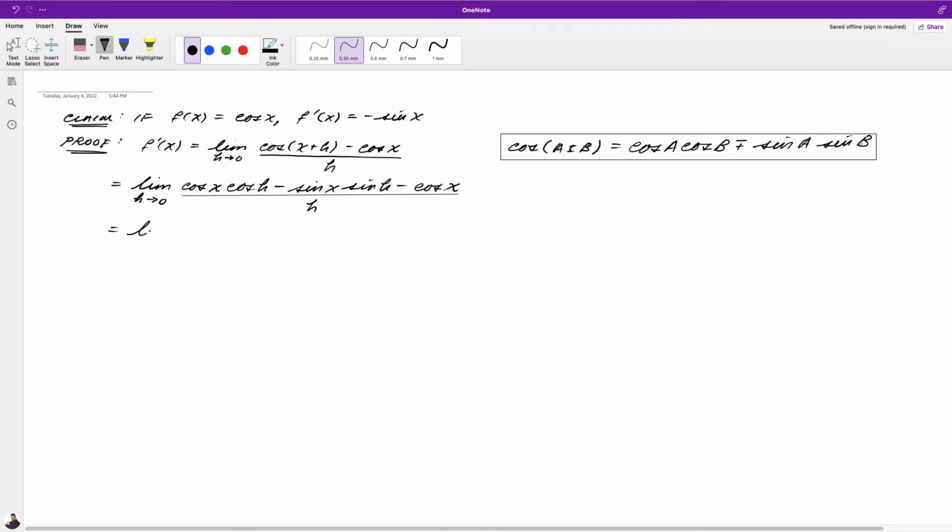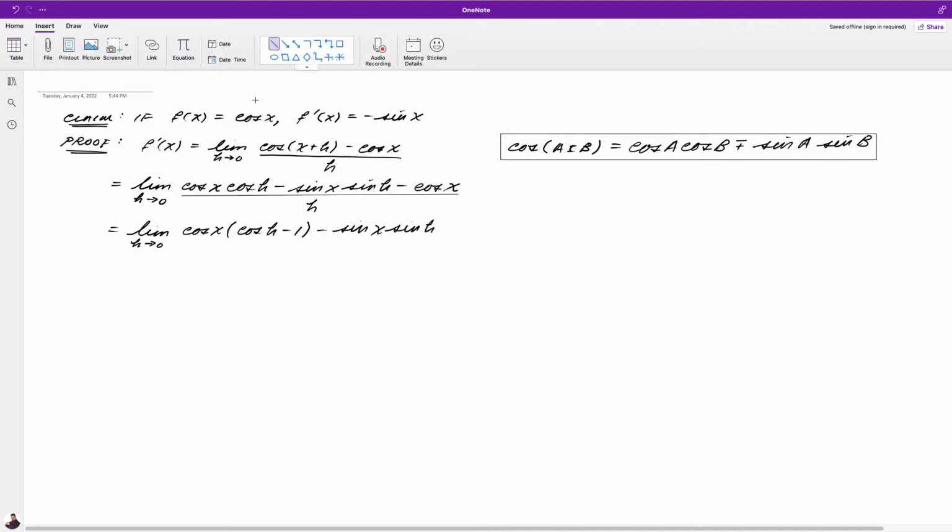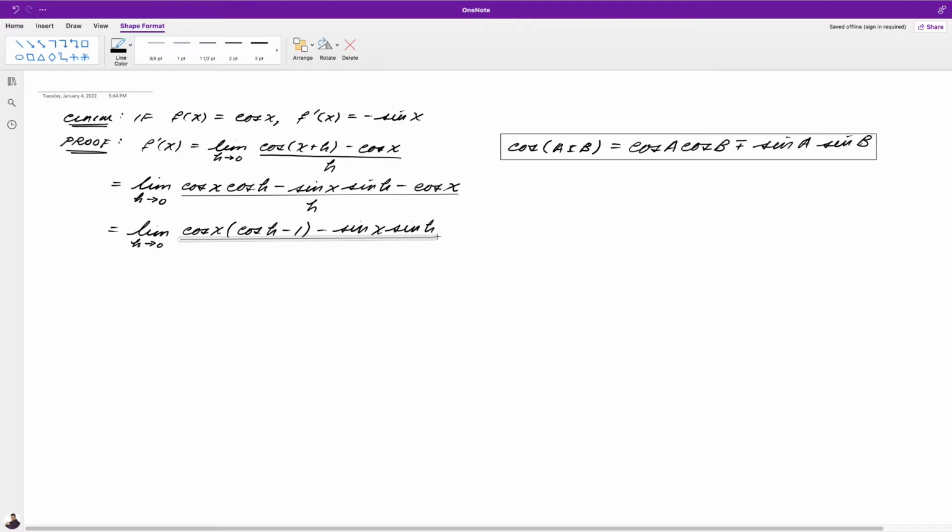So we're going to have the limit as h goes to 0 of cosine of x, and then the other factor will be the binomial cosine of h minus 1. Let's not forget this middle term, minus sine x sine h, that's still there. And that's all going to be divided by h.